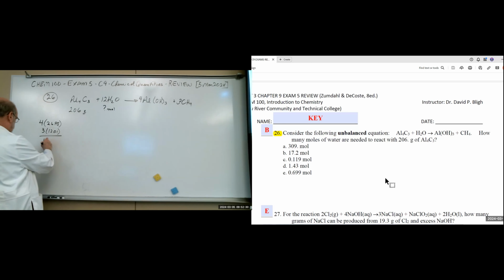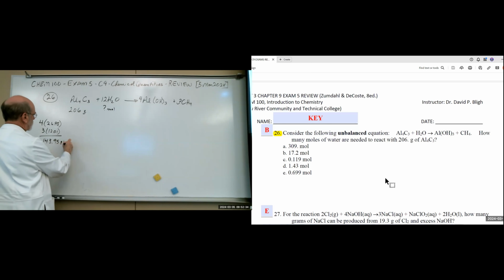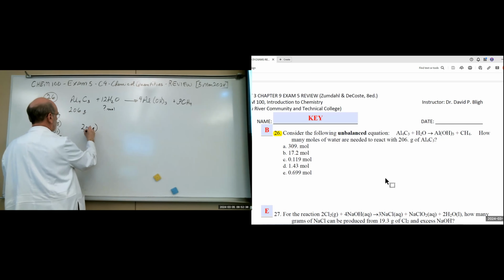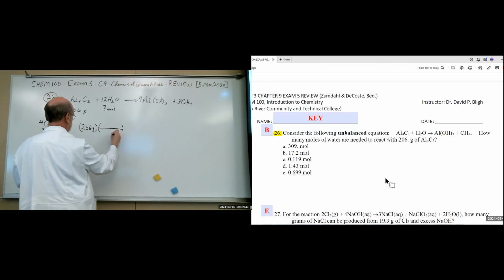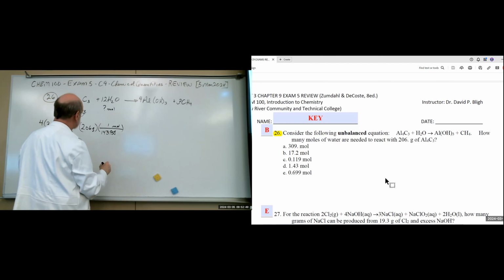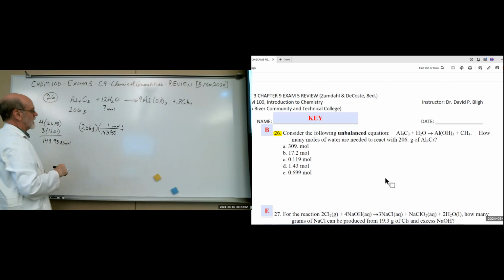I get 143.95 grams per mole. All right, so 206 grams of the compound, 143.95. That gives us moles of aluminum carbide.